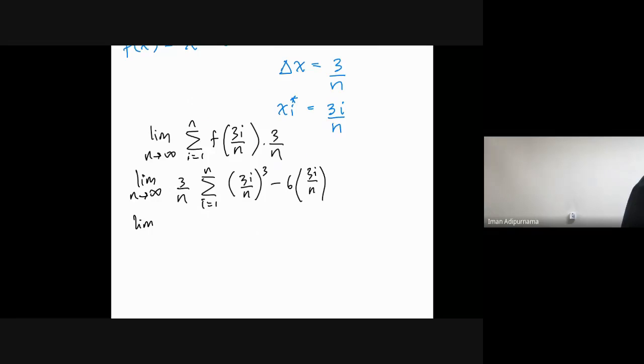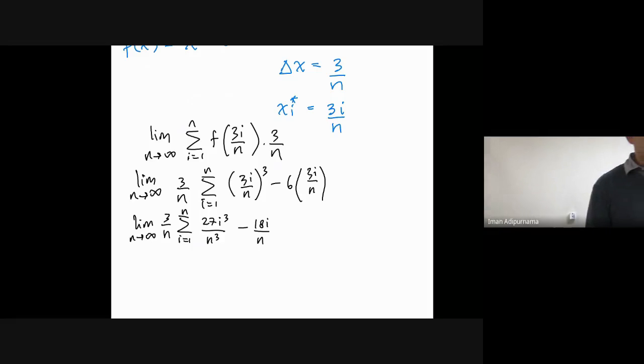Let's solve this. We get these expressions. Let's multiply all by 3 over n.